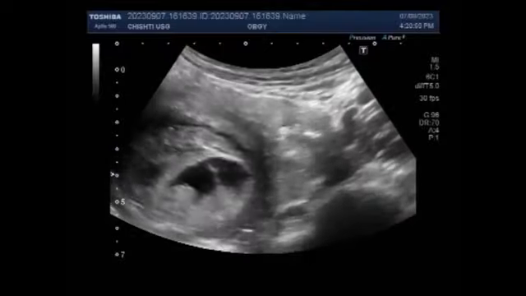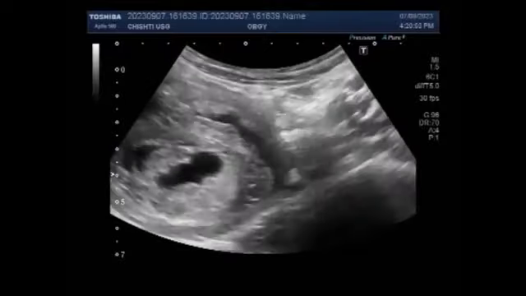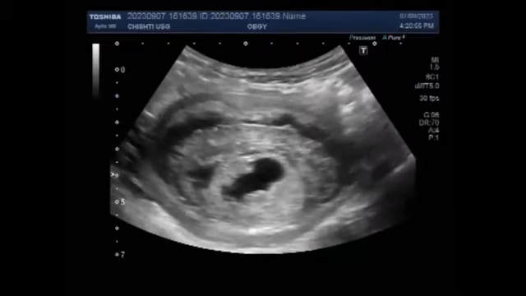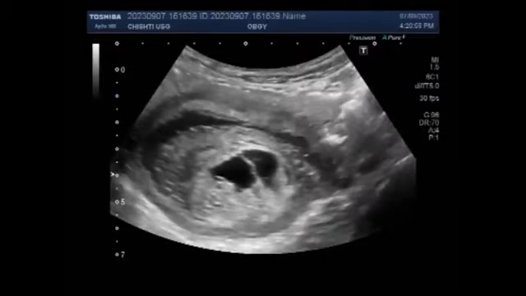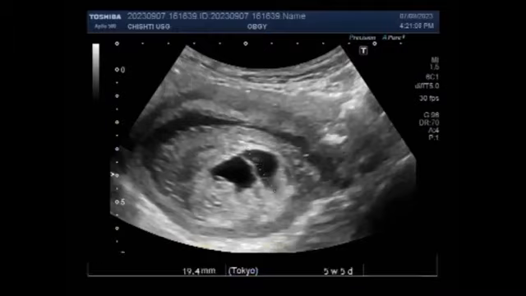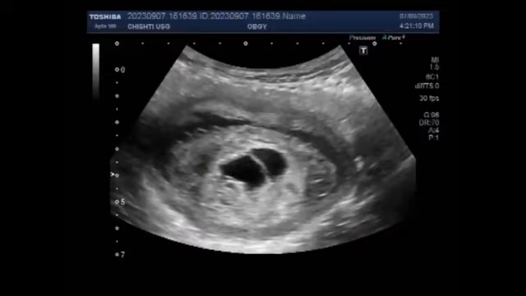Often it occurs so early that the woman doesn't even know that she is pregnant. Blighted ovum causes about 1 out of 2 miscarriages in the first trimester of pregnancy.